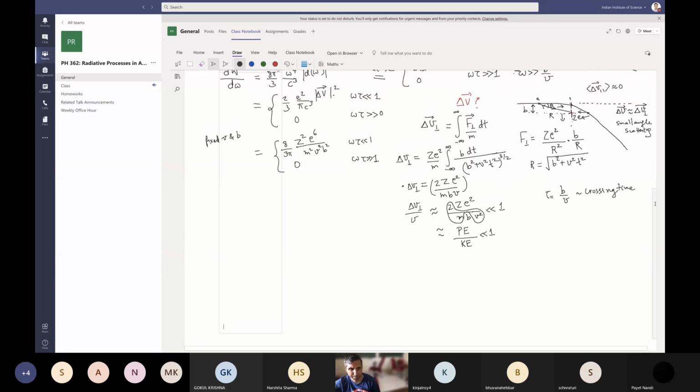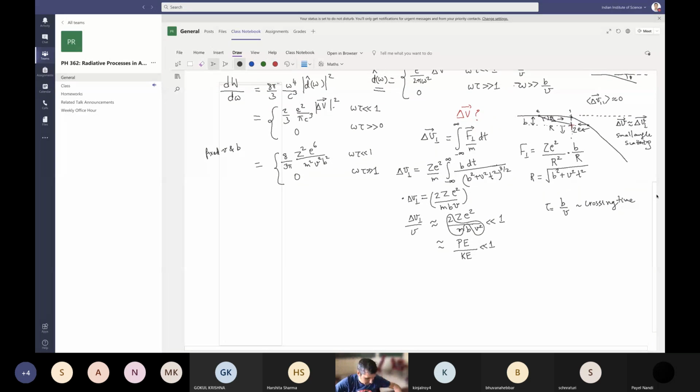So now we consider a medium with electron number density Ne, ion number density Ni, and still a fixed ion and electron velocity V.